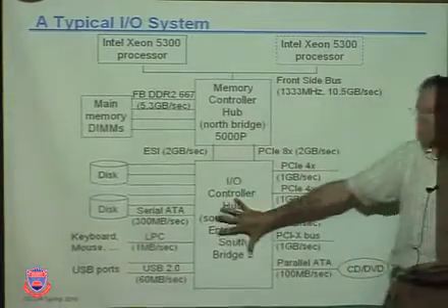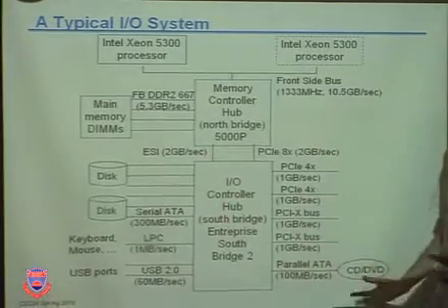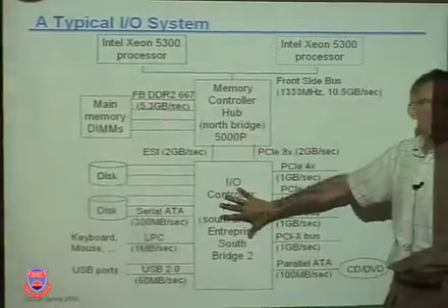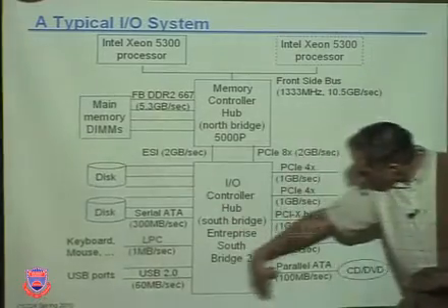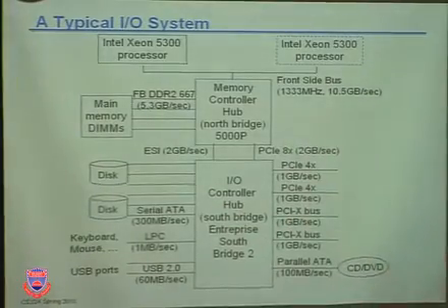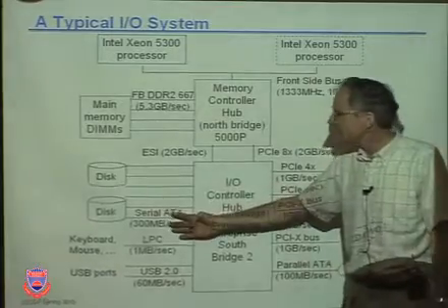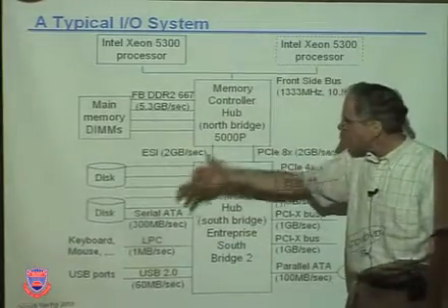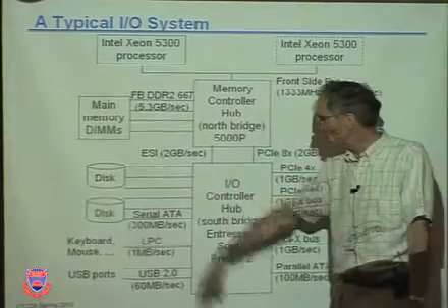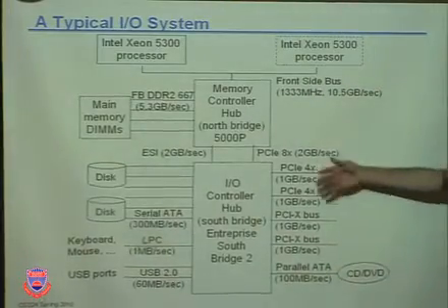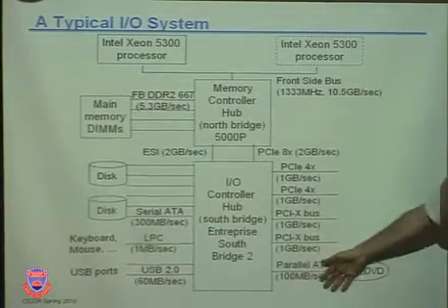Now, the South Bridge chip is an I/O controller. So just as this is a memory controller because its main job is to interface to memory, this one's job is to interface to the wide variety of I/O devices and I/O buses. Will you look, please? I've got serial ATA. I could have parallel ATA. I've got low-speed things for keyboards and mouses. I've got USB. I've got PCI Expresses. I've got PCI X's. I've got parallel ATA.